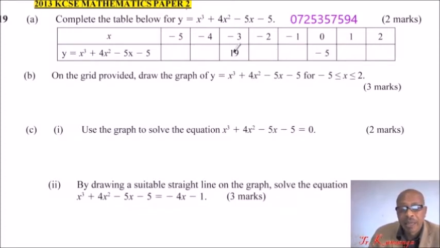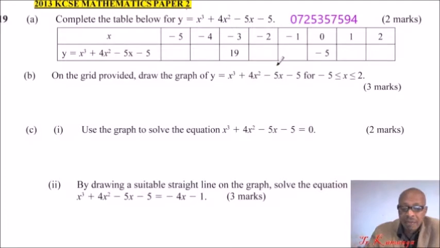When x is minus 3, you have been given the value of y as 19. When x is 0, the value of y is minus 5. So what you do here is take your calculator and substitute directly.